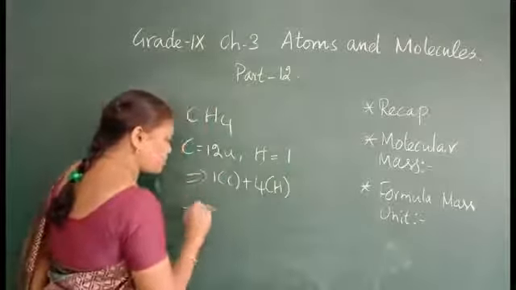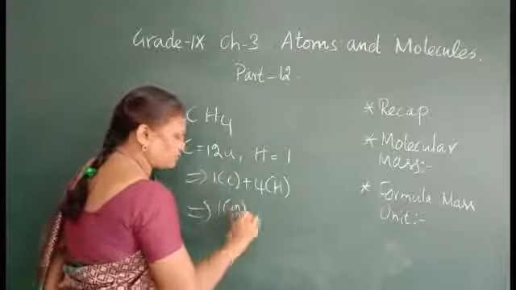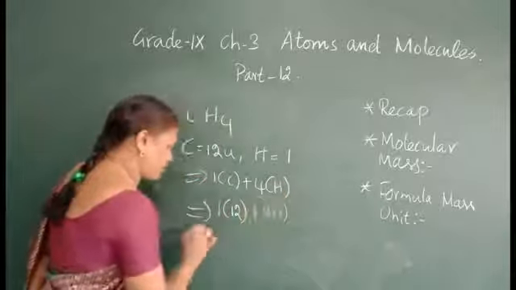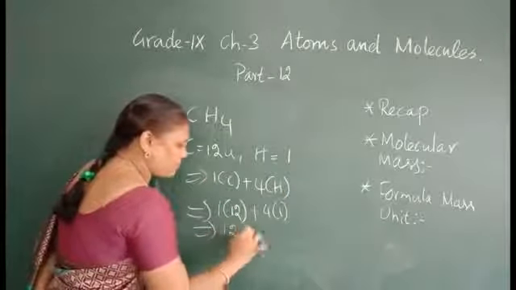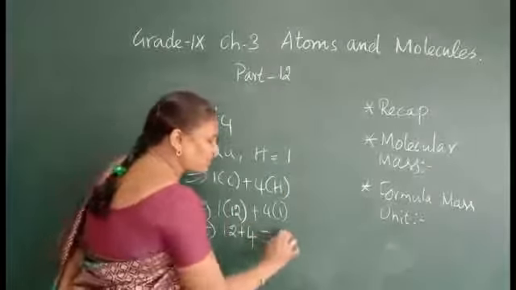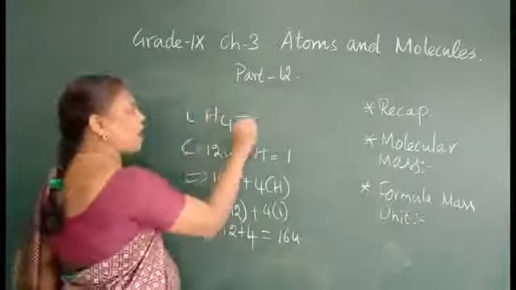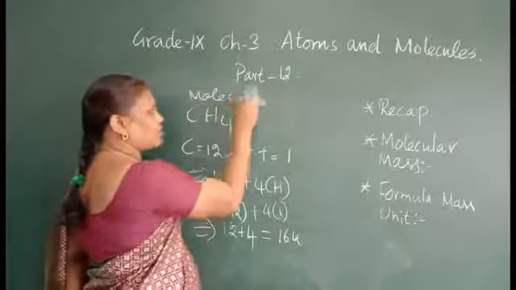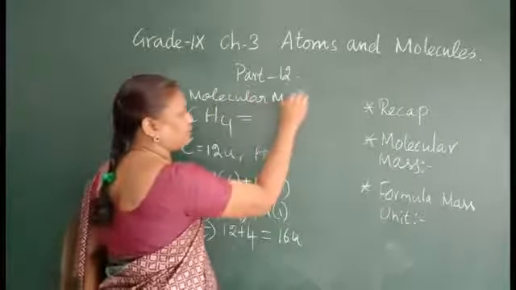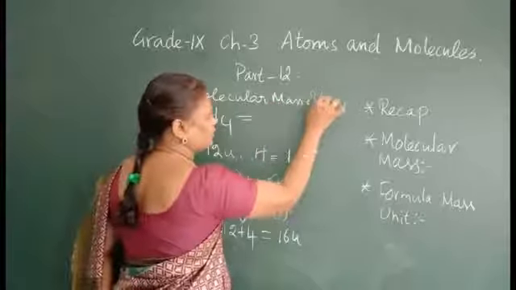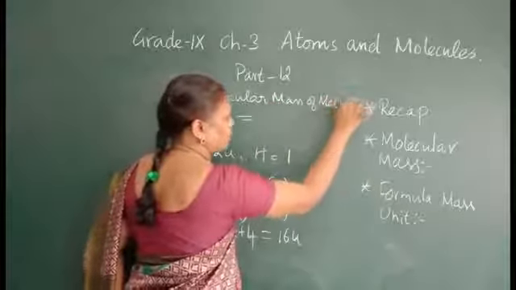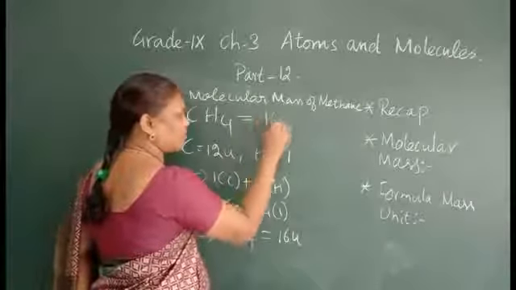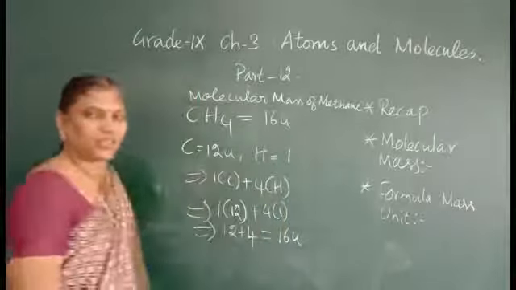So 1 into 12 is 12, and 4 into 1 is the value of hydrogen. So 12 plus 4 is equal to 16U. This is the molecular mass of methane. Molecular mass of methane is 16U.